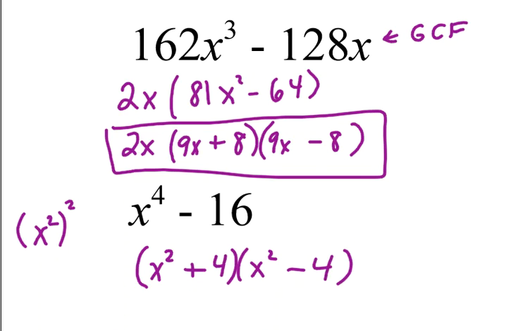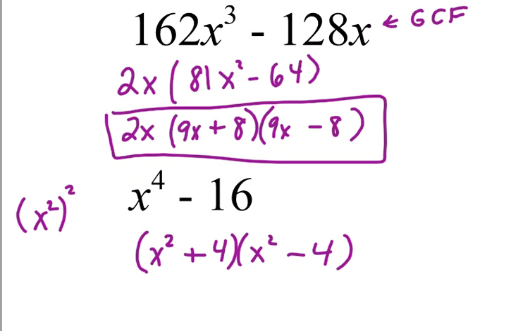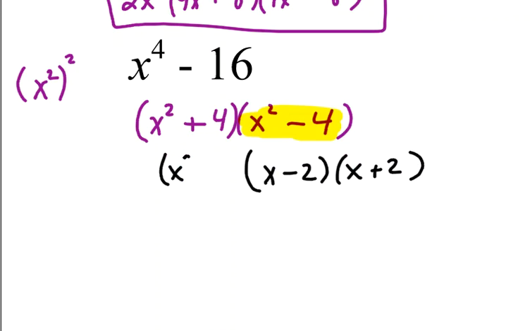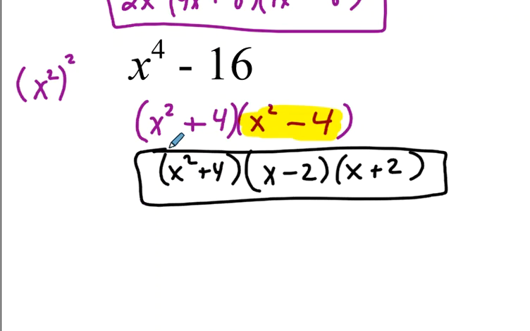But wait, there's more, because this piece right here can actually be factored again as another difference of squares. Difference is because it has to be a subtraction. X minus 2, x plus 2. And we still have this x squared plus 4. This one cannot be factored further, because it's a sum of squares, not a difference of squares.